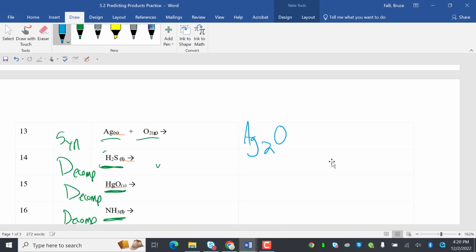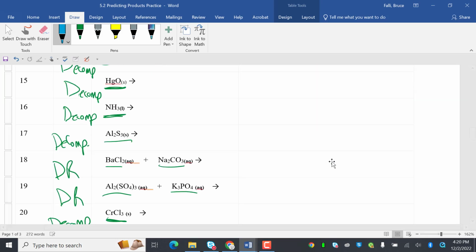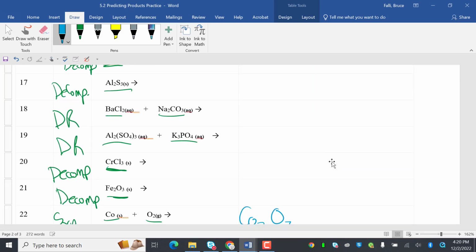Find me some more doubles. All right, more doubles. Swapping those out, I'm going to have NaCl. Don't carry the 2. The 2 is there because of barium. Don't carry the 2. The 2 is there because of carbonate. Plus BaCO3. Okay, so group 1, aqueous.